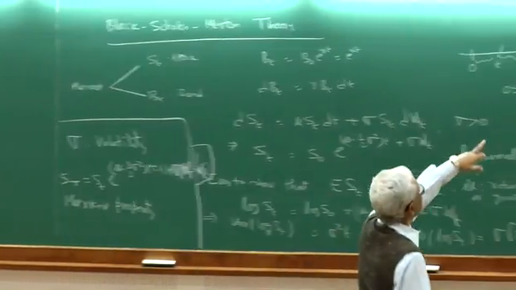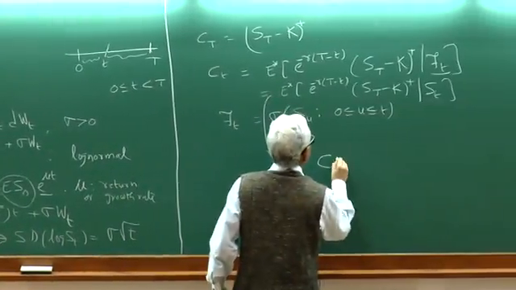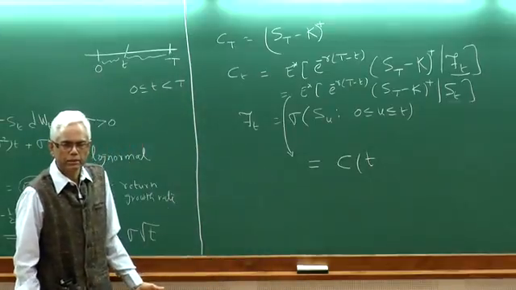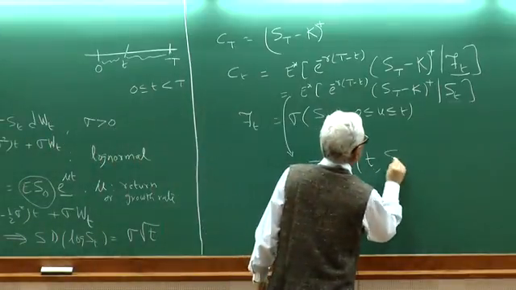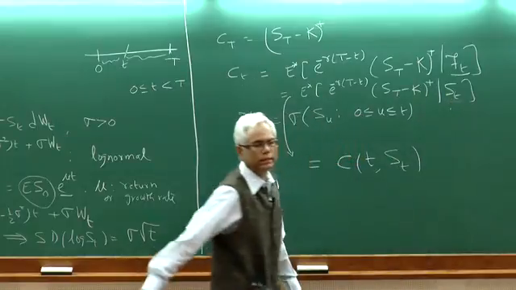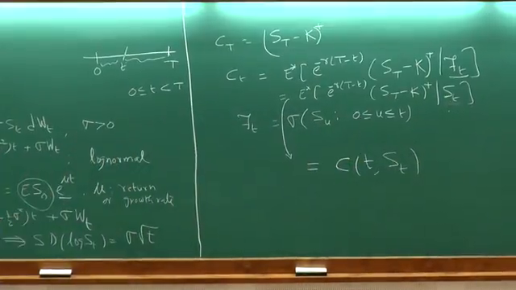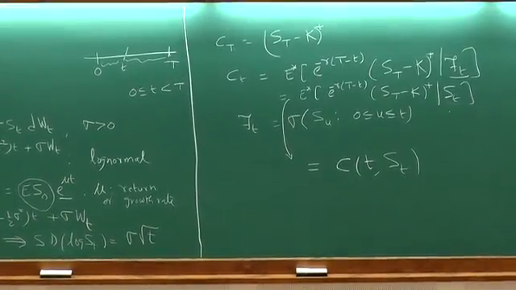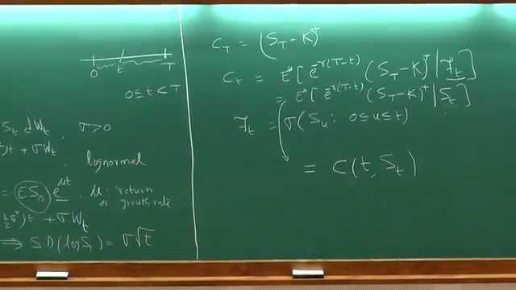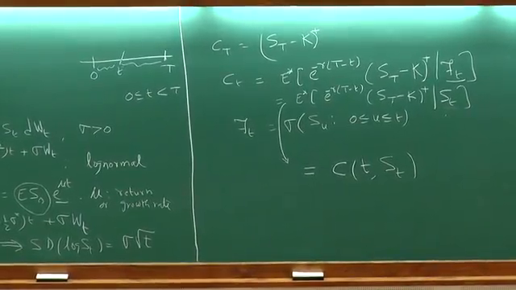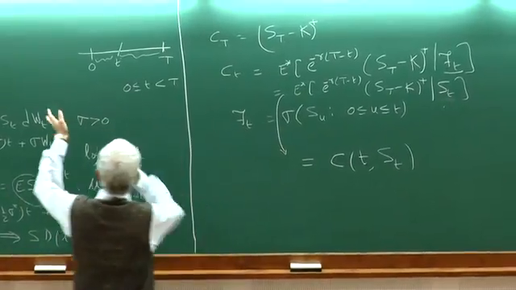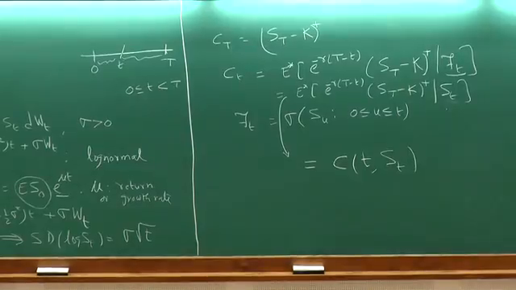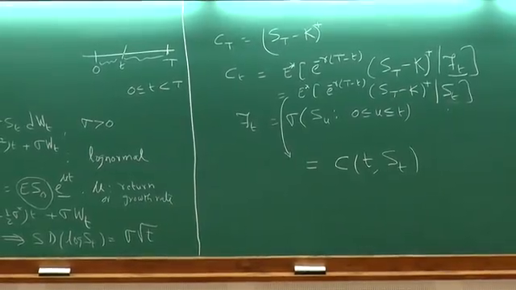So C_t will depend on t, some function of the current time, and a function of the current state S. So C will essentially be a function of the current time and the current state. Among other things, it will depend on sigma, r and K, but those are fixed in this context.